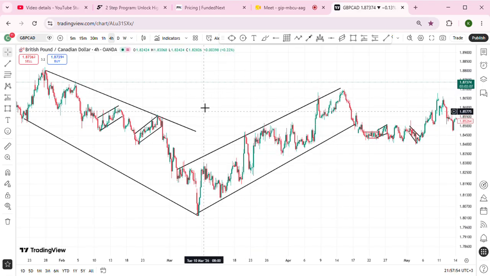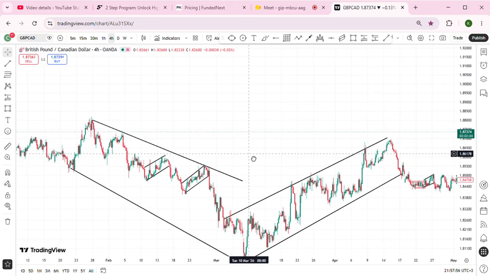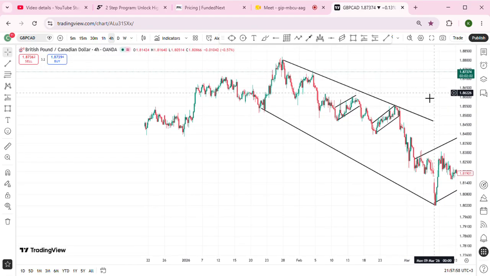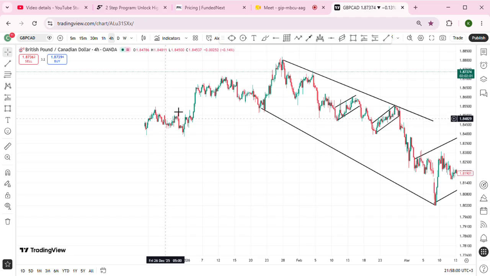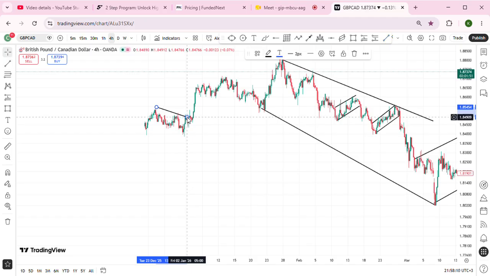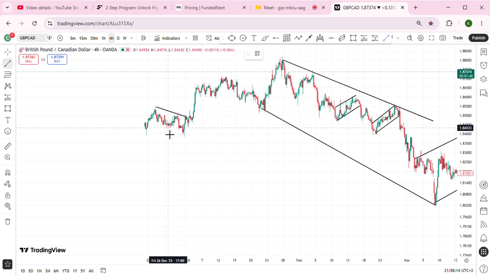It doesn't matter the type of graph you're using. Is it a candlestick or a line graph? It doesn't matter. Any question, guys?